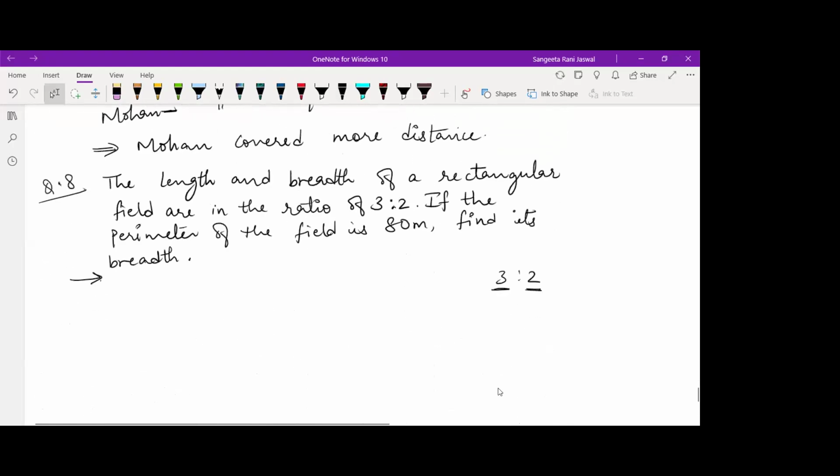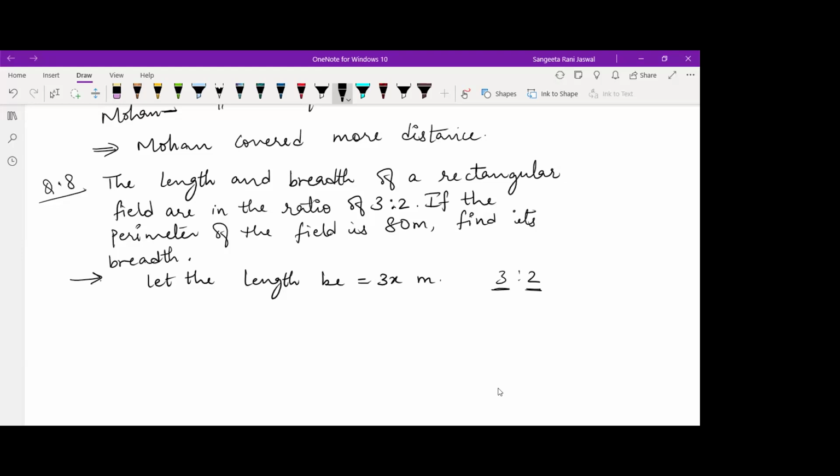So let the length be 3x meters. Then we will find x.